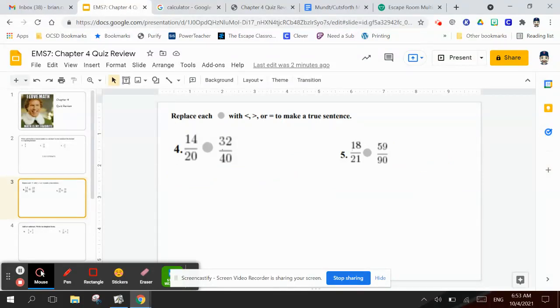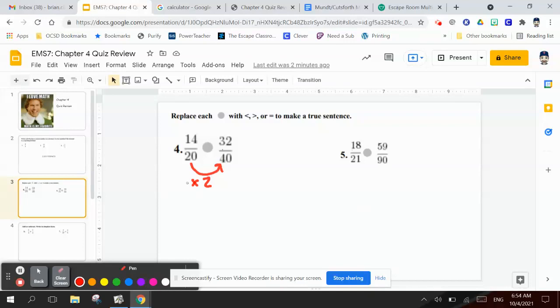4 and 5 ask us to replace each circle with either less than, greater than, or equal to make this a true sentence. So for 4, we have 14/20 and 32/40. Well, there's a couple ways that you could do this. The first one is, I know that 20 is a factor of 40. So what can I multiply by 20 to get 40? That would be 2.